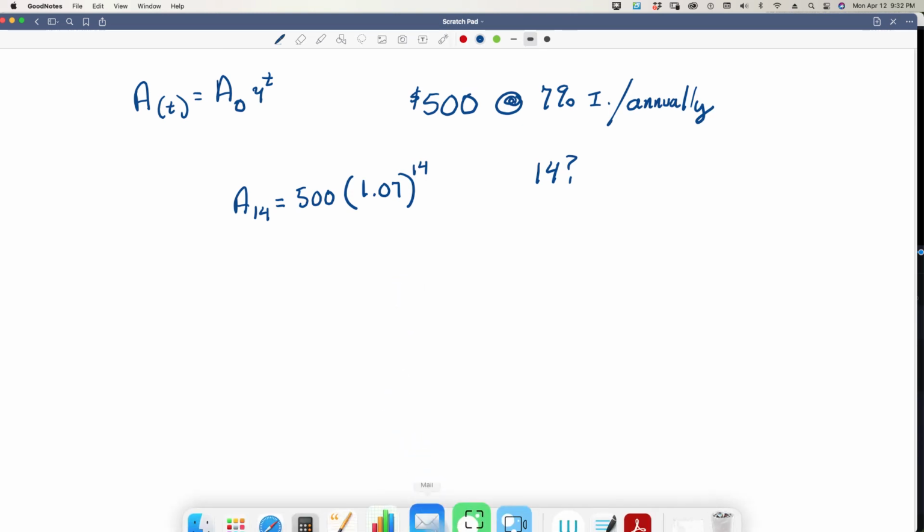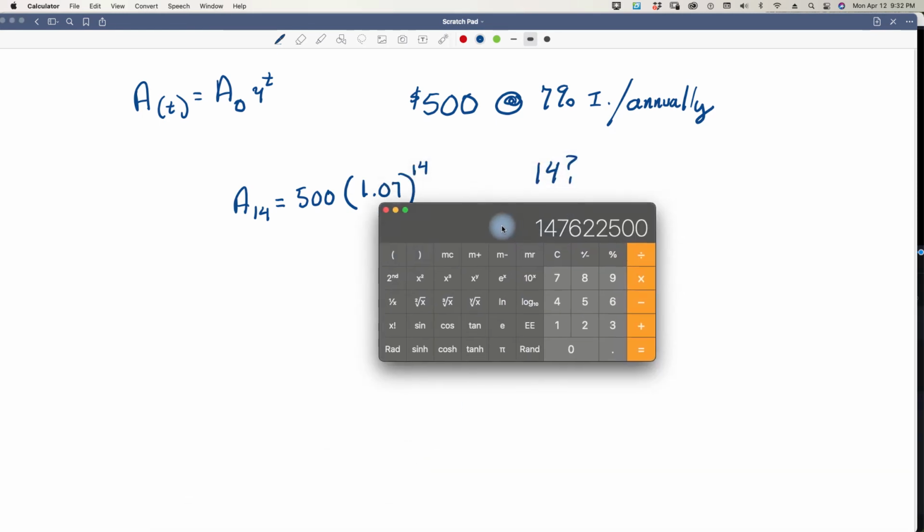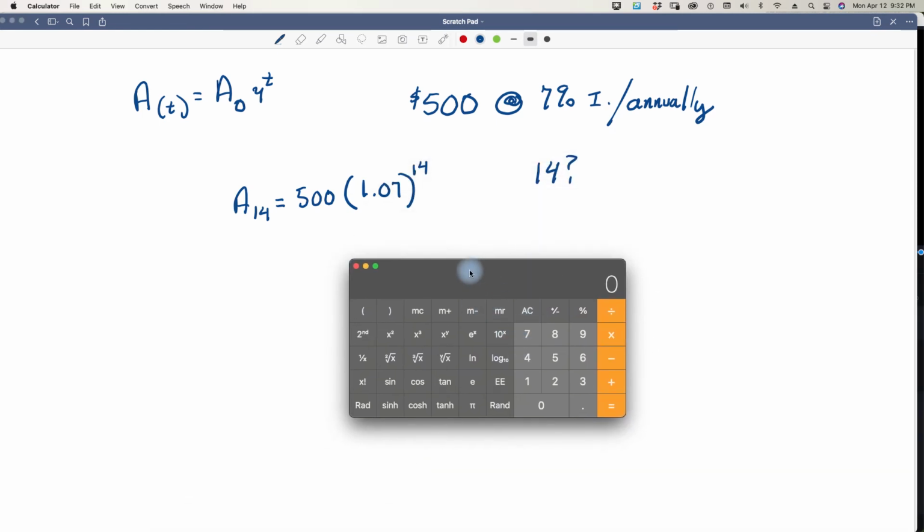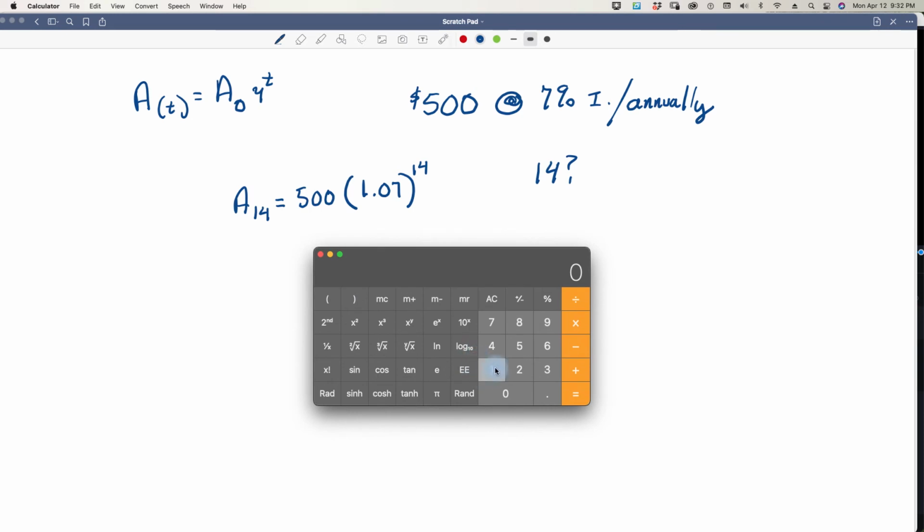All right, so let's pull up our calculator. Let's clear this out. And we are going to say 1.07, the exponent key, 14 equals, times 500 equals $1,289, and we're going to round this to the hundredths place for pennies, and 27 cents.